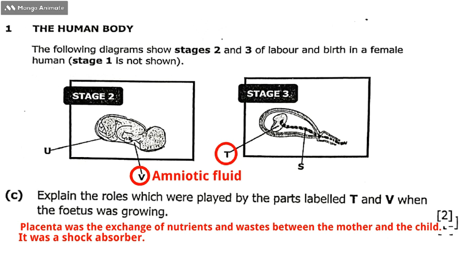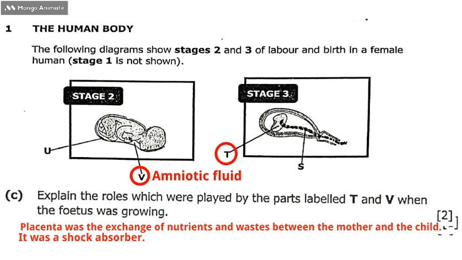Those mechanical shocks were being absorbed by amniotic fluid. So the amniotic fluid was protecting the child from the mechanical shocks. Okay, so that is the correct answer for C.